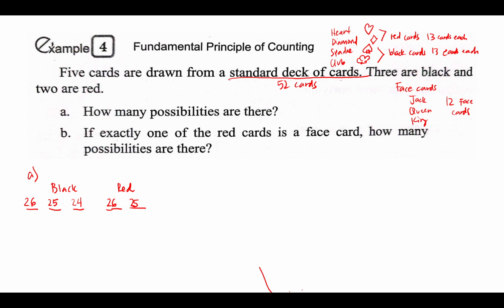Okay, so according to the fundamental principle of counting, we just simply multiply all of this. Multiplying 26 times 25 times 24 times 26 times 25, it will give us a product of 10,140,000 possible outcomes.